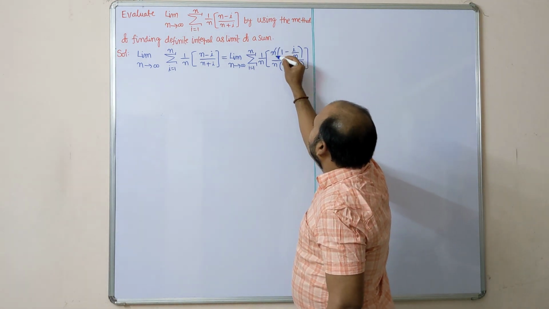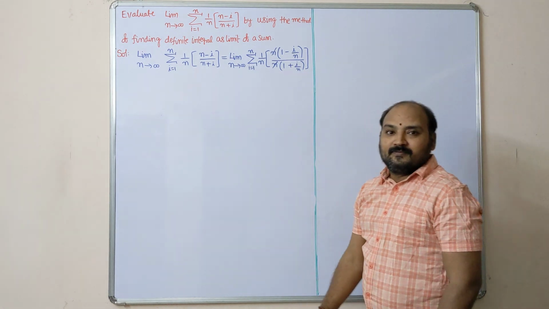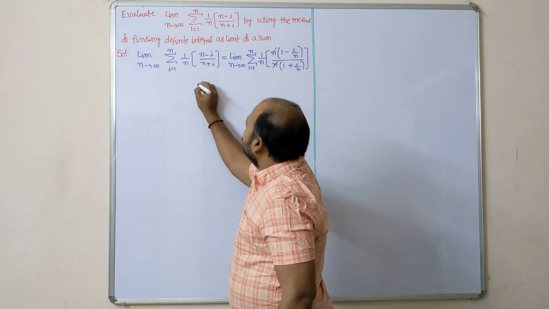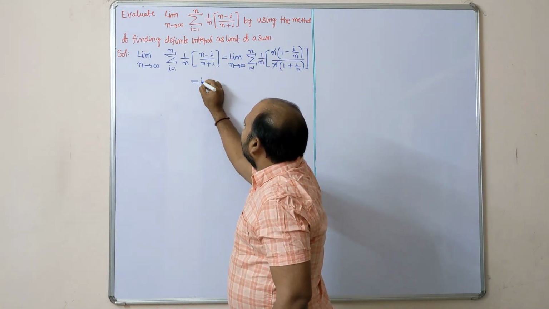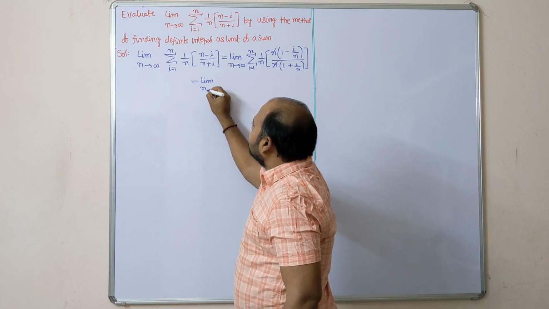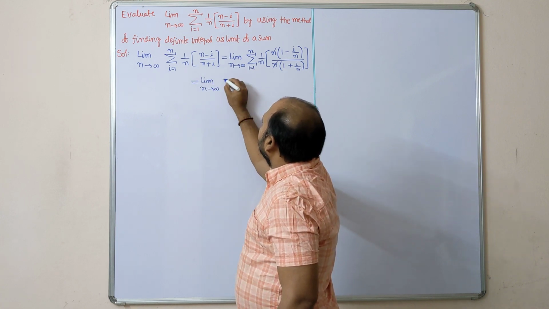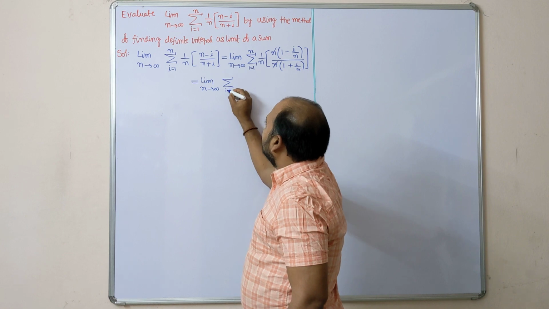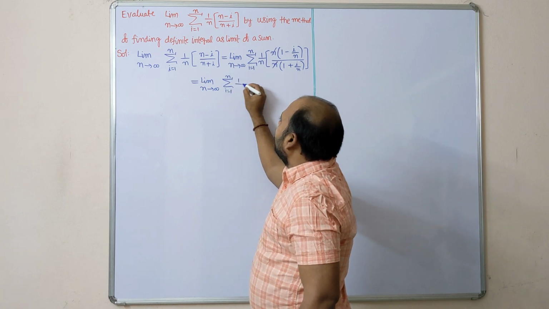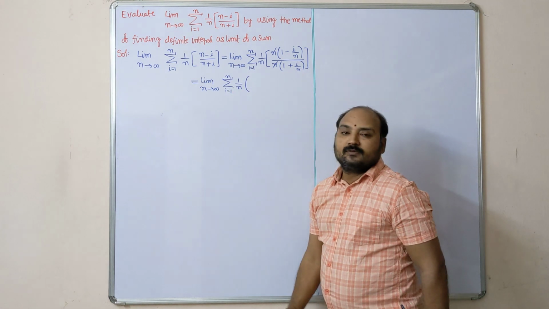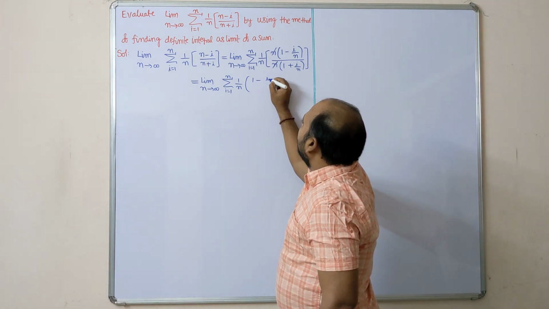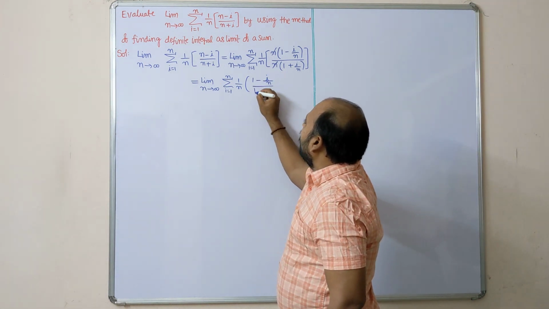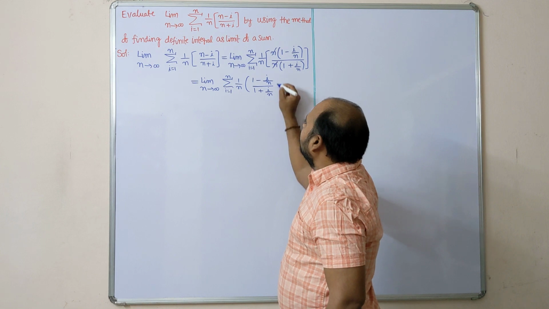So here n gets cancelled, which is equal to limit n tends to infinity, sigma i is equal to 1 to n, 1 by n, (1 minus i by n) by (1 plus i by n).